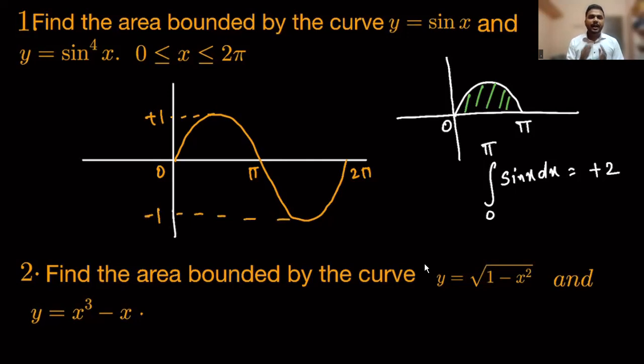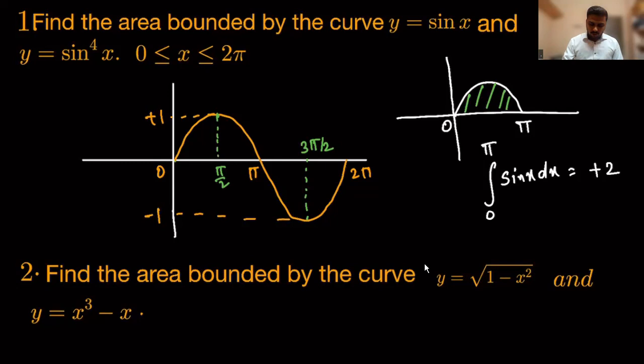After that, I know that whenever the value of the graph lies between 0 to 1 and I take the power 4, obviously the value should be lesser. Like 1 by 2 raised to power 4 is 1 by 16. So if I draw the graph of sin raised to power 4 x, the value at x is equal to pi by 2 is of course 1, but at x is equal to 3 pi by 2 also the value should be plus 1, because minus 1 raised to power 4 is plus 1.